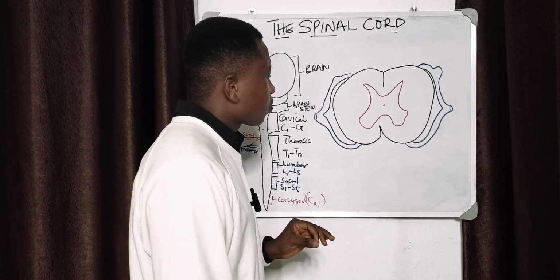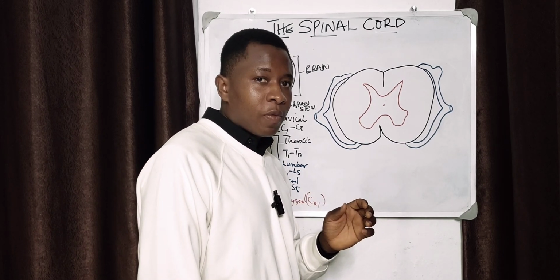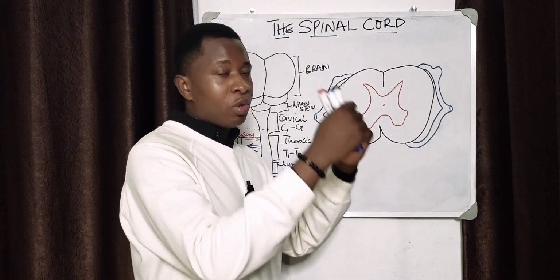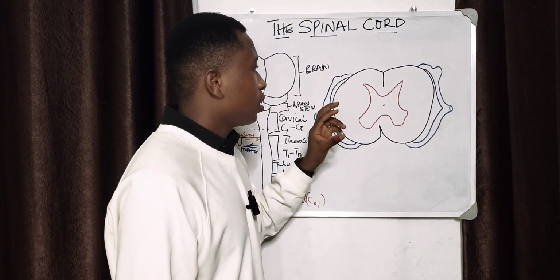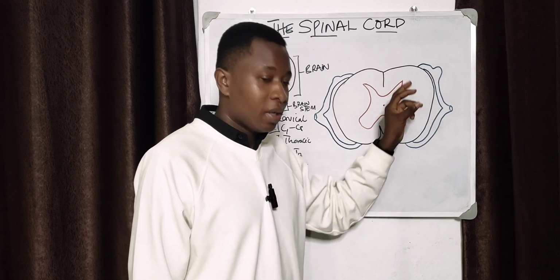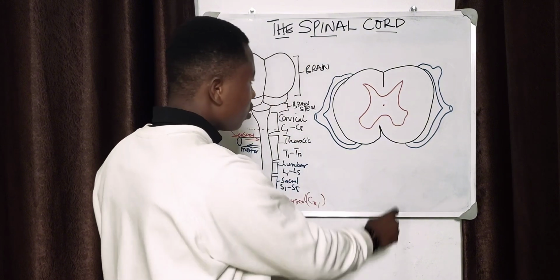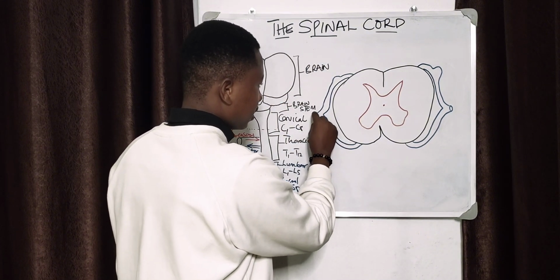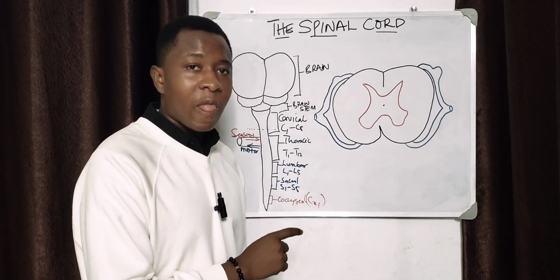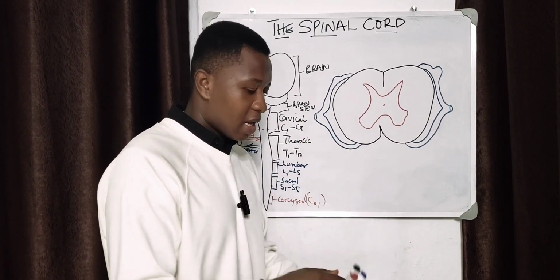Okay, but when signals need to travel from the brain to other parts of the body and from other parts of the body to the brain through the spinal cord, it travels through the white matter. Okay, so that is that. Another thing you should note is that you see this entrance here. The sensory nerves will always go through the back of the spinal cord.